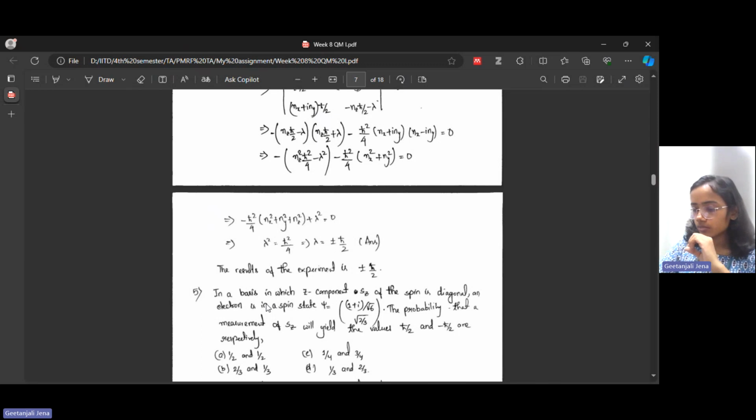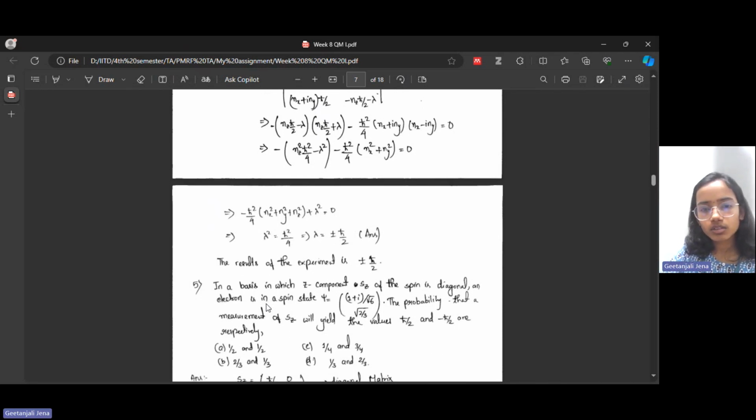So the next problem, it's still the same. I'm not able to connect my tab. So let me show how you can proceed the next problem.